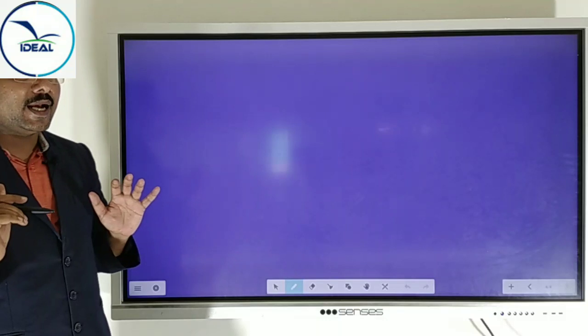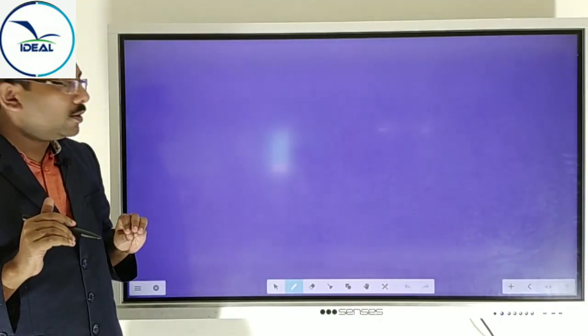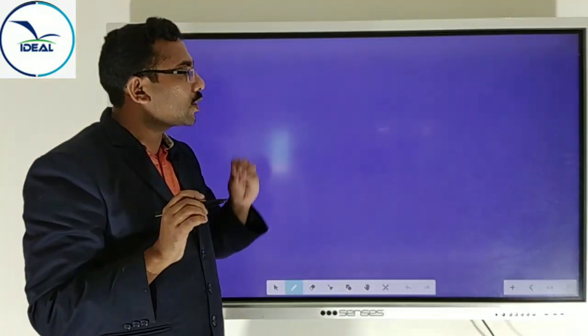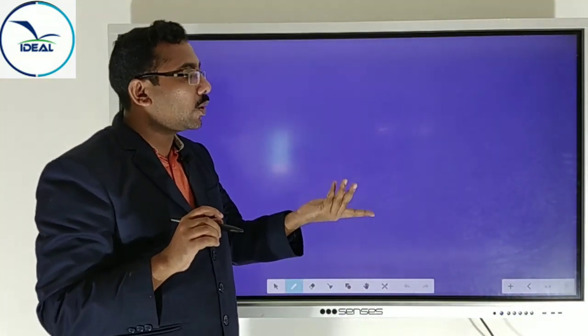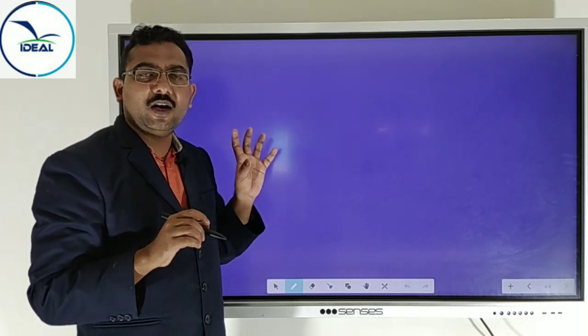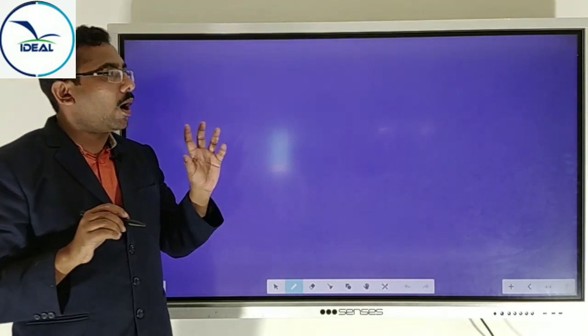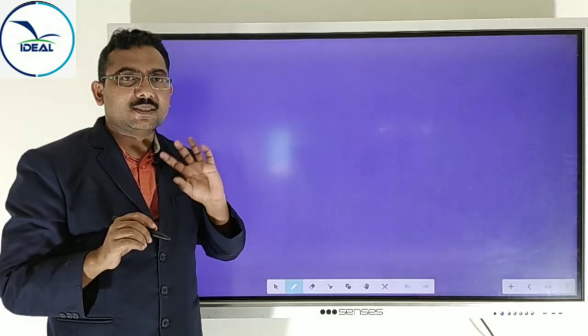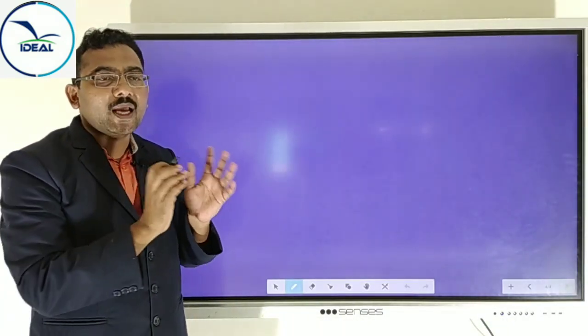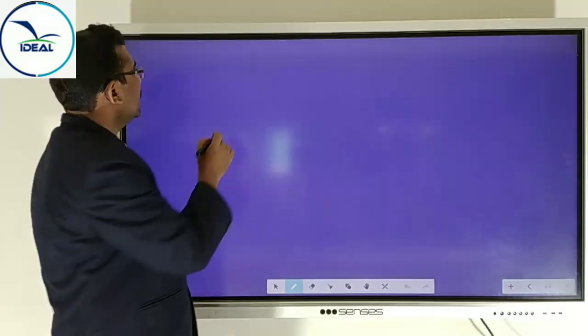That acceleration is called centripetal acceleration. Centripetal means center seeking. We can show why it is called center seeking, centripetal, and what is the magnitude, what is the direction, etc. Okay, let us see.